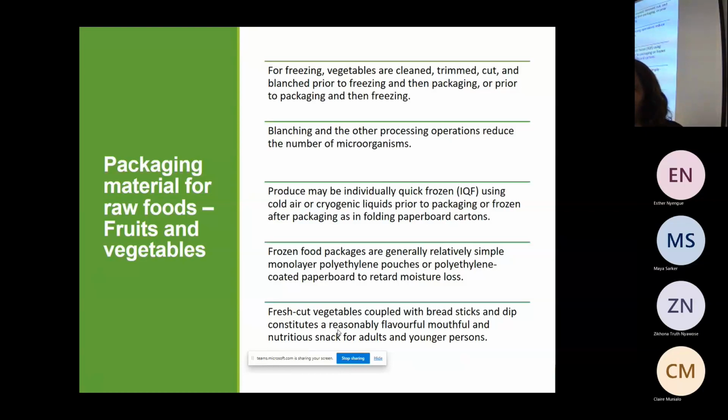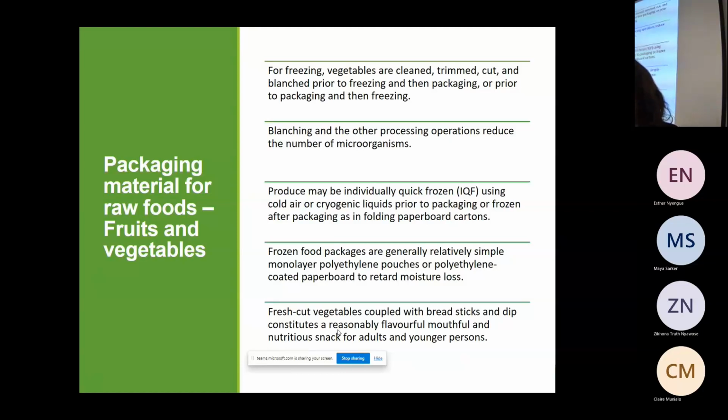So the produce might be individually quick frozen, or frozen as a combination, or frozen individually and then mixed during the packaging stage. Then the frozen food packages are generally relatively simple, monolayer polyethylene pouches or polyethylene coated paperboard to retard moisture loss.